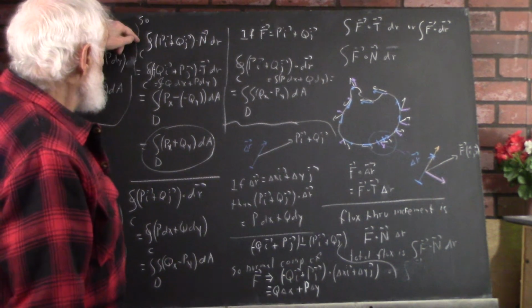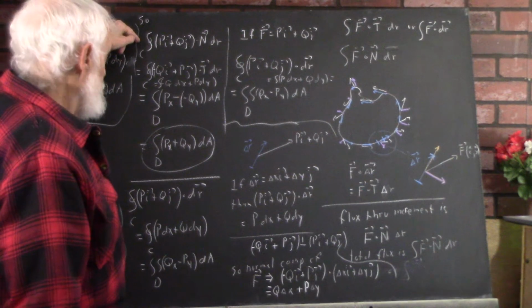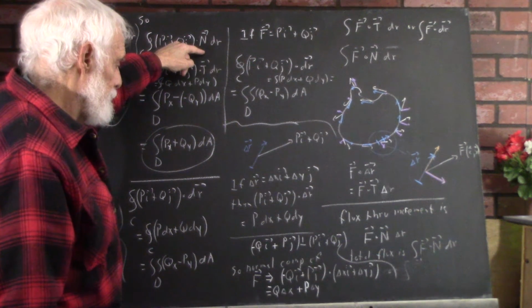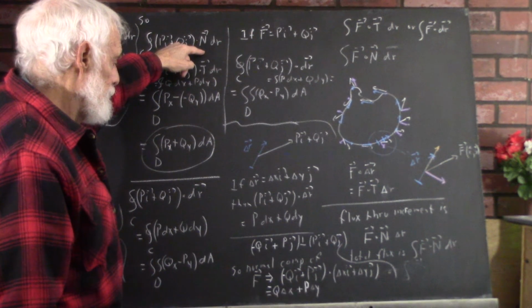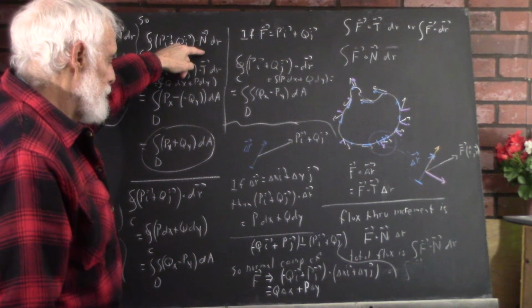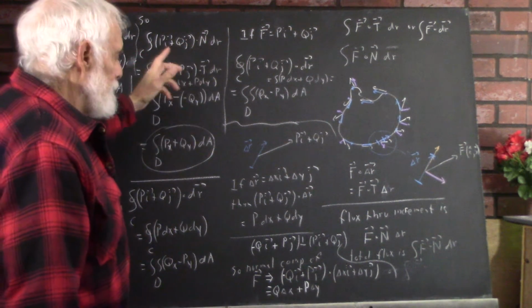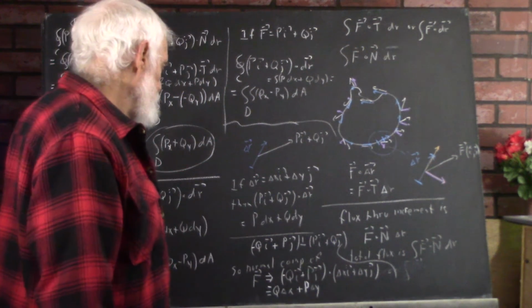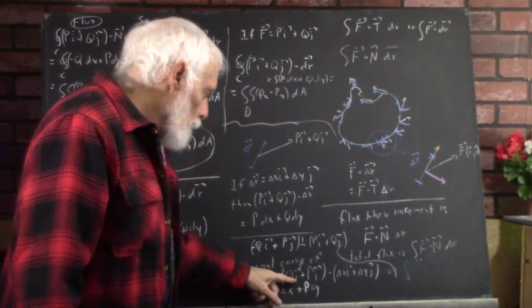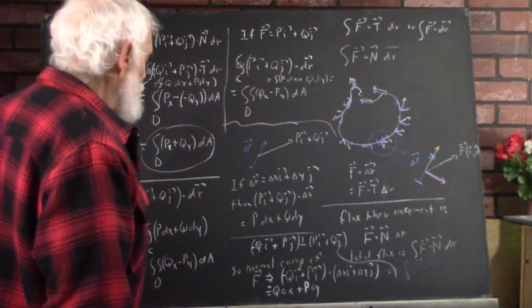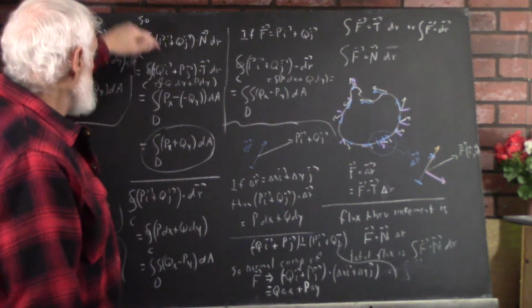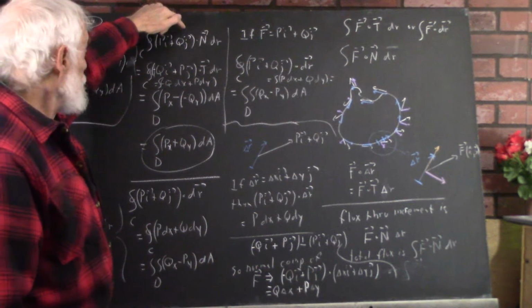Okay, so our integral of Pi plus Qj dot n is what I've done here. Here's your normal component times your delta r. That sentence is messing things up, but this is the normal component.